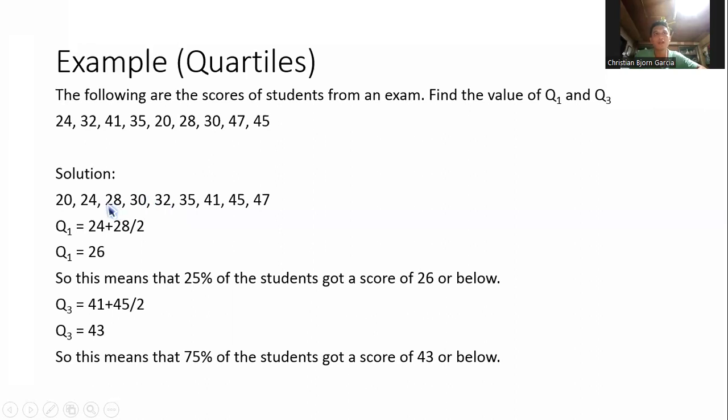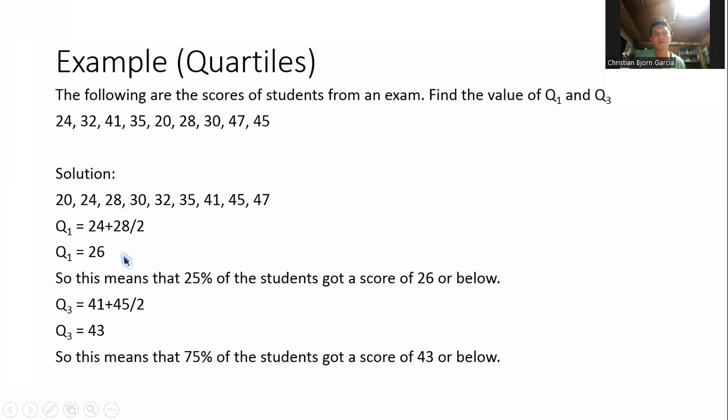So now we know that 20, 24, 28, 30 are the first half of the distribution, and we can see that there are two values here that are the median of the first half. So we add them together and divide by 2, which are 24 plus 28 over 2.